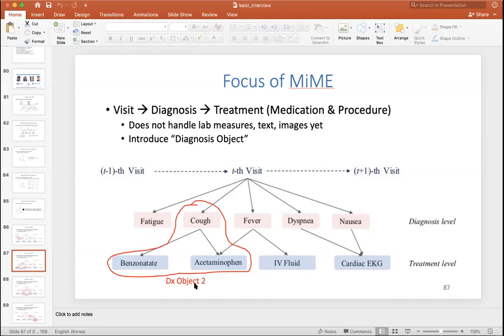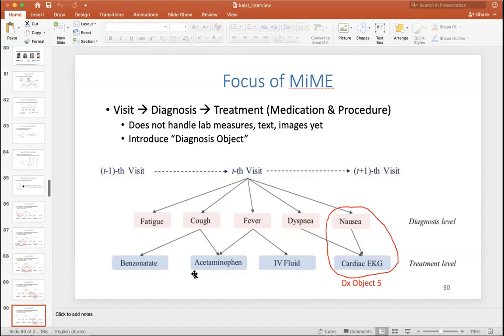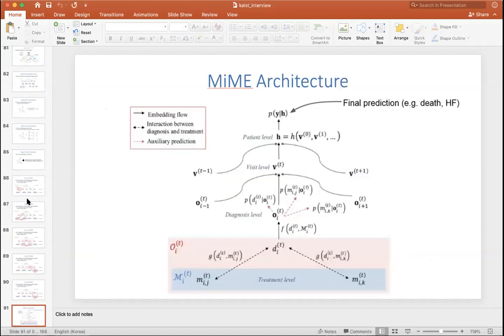So as a set, the cough, benzonatate and acetaminophen become diagnosis object 2, and then repeatedly, fever, acetaminophen and IV fluid become object 3, and object 4 and object 5. What I'm trying to do is explicitly capture the relationship between the treatments and the diagnosis that led to those treatments. That is why I'm introducing this thing called diagnosis object.